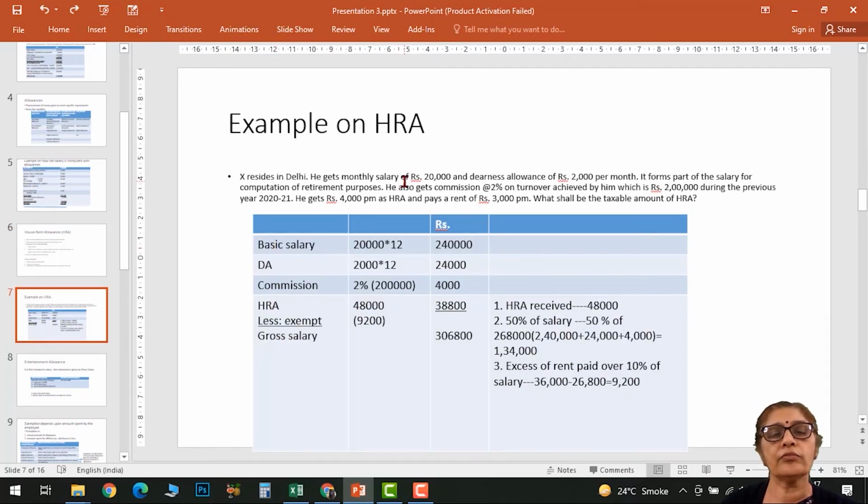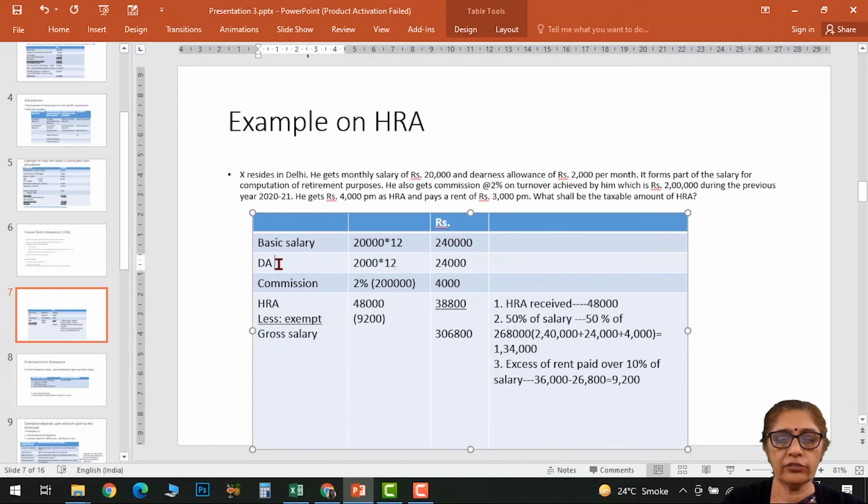Basic salary. We are not just finding out HRA, we are finding out the gross salary. Basic salary 20,000 into 12, 2,40,000. DA 2,000 into 12, 24,000. And it is a part of salary. If it's a part of salary, it's always advisable to write it right there in the bracket that it is a part of salary.